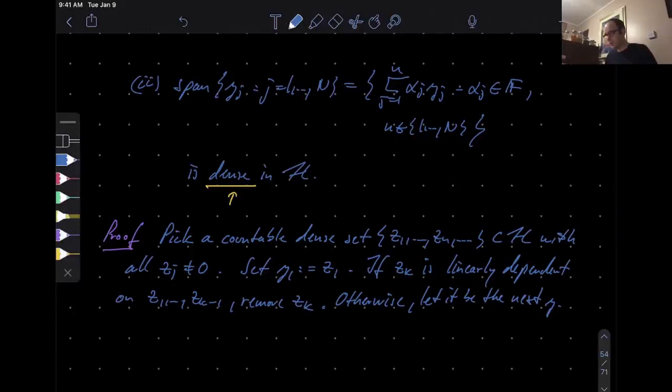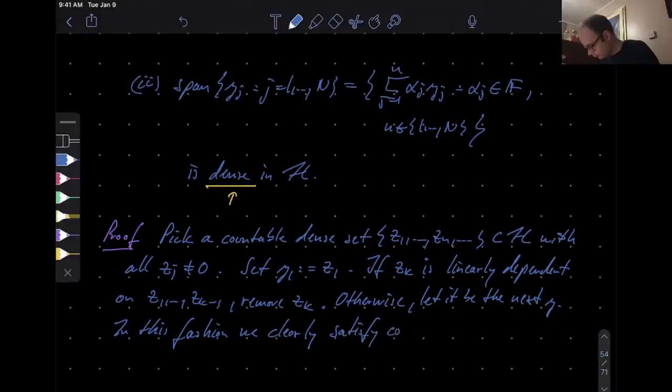Okay, so now we have to check that indeed this way we achieve those two properties, but that is easy because what we do is we discard linearly dependent vectors, so surely what we end up with is linearly independent. That's precisely how the construction works. So in this fashion we clearly satisfy condition 1.